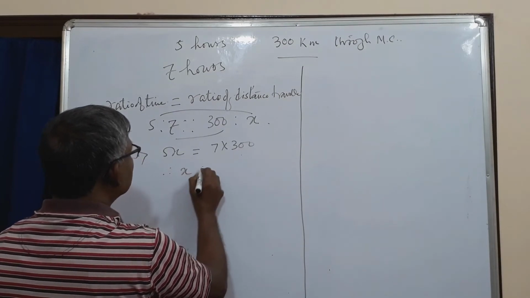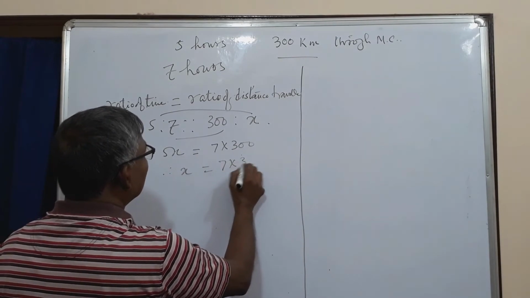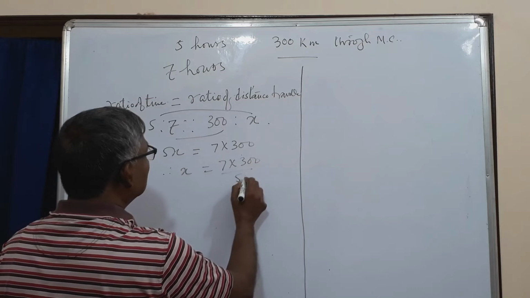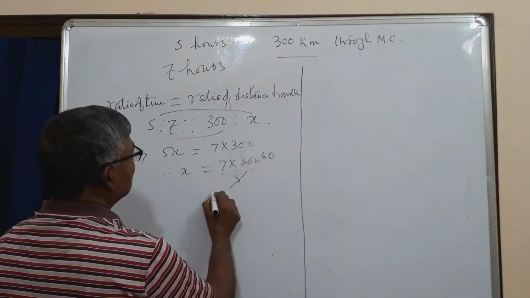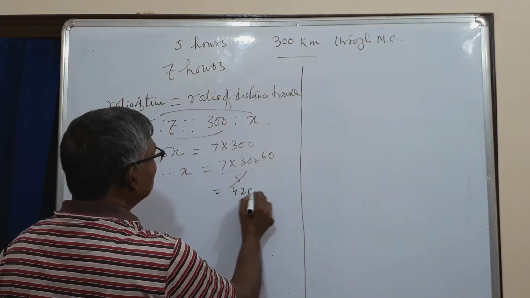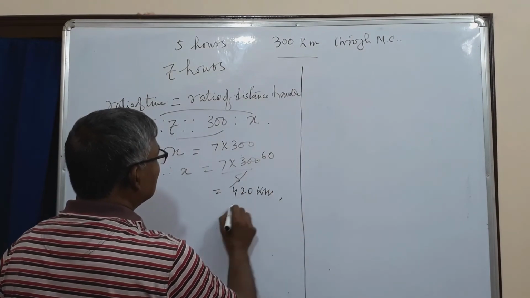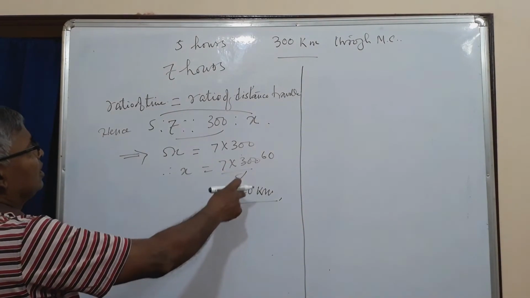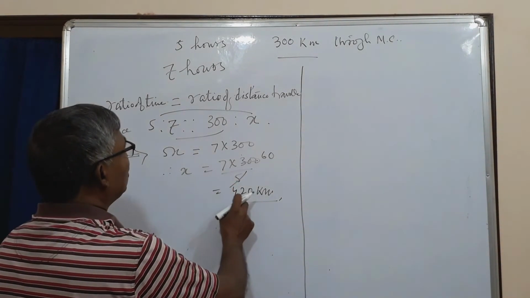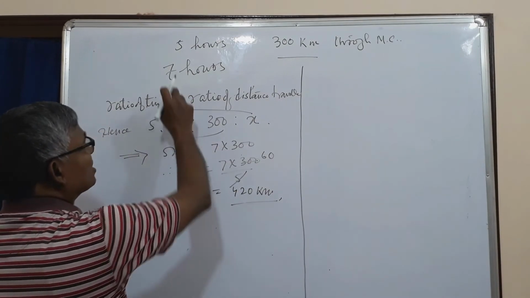Therefore x equals 7 into 300 by 5. Here you cancel the zeros, that is 420 kilometer. So the man will travel 420 kilometer in 7 hours.